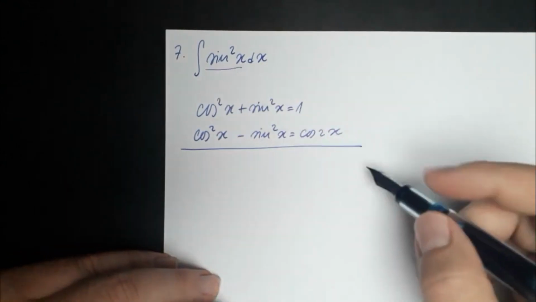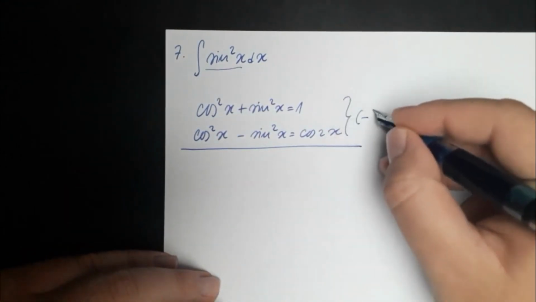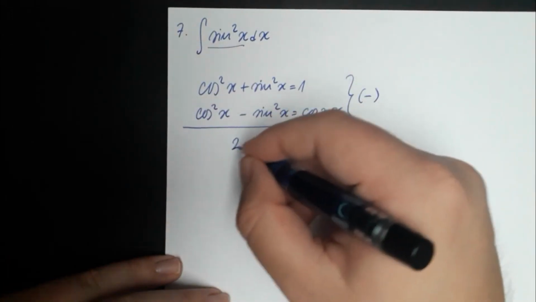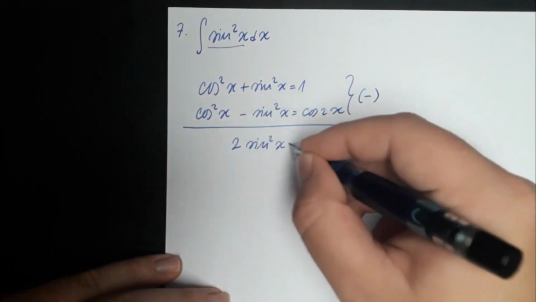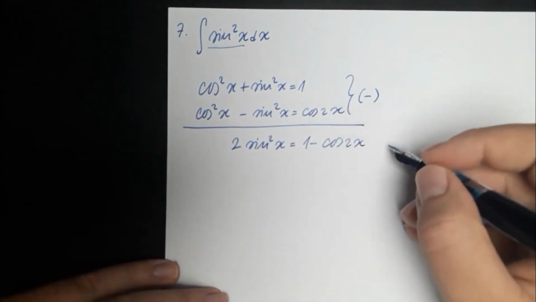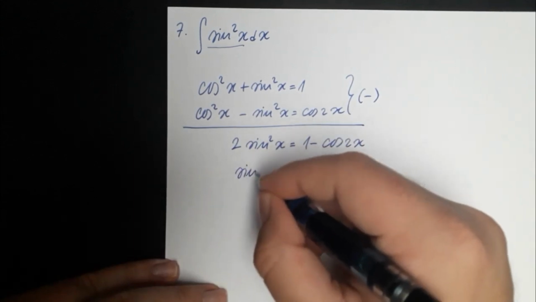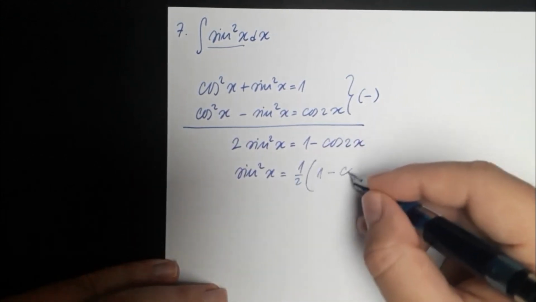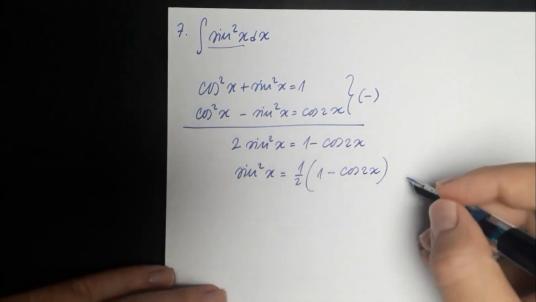As we have a sine squared of x, we are going to subtract these two equations. In that manner, we get that 2 sine squared x is equal to 1 minus cosine of 2x. And that means that sine squared of x is equal to 1/2 of 1 minus cosine of 2x.